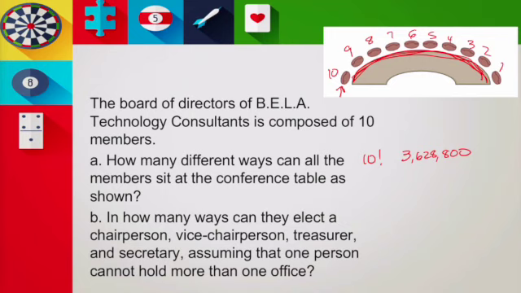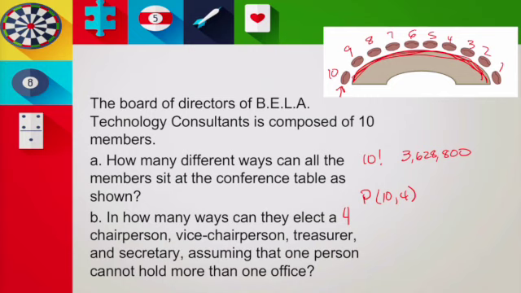Now, in how many ways can they elect a chairperson, vice chairperson, treasurer, and secretary, assuming that one person cannot hold more than 1 office? So that's 4 positions out of 10. So this is the permutation of 10, choose 4.